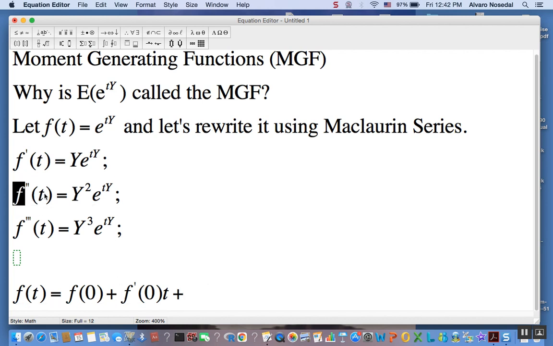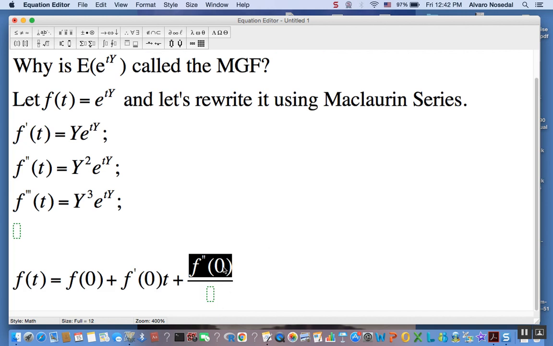Then we would have the second derivative evaluated at 0, divided by 2 factorial, times t squared.